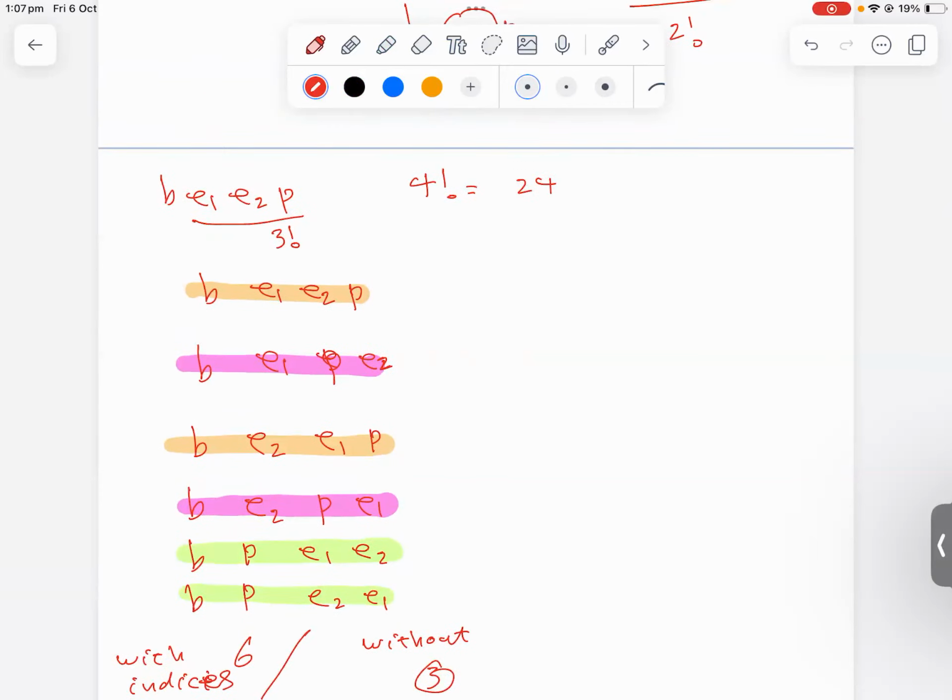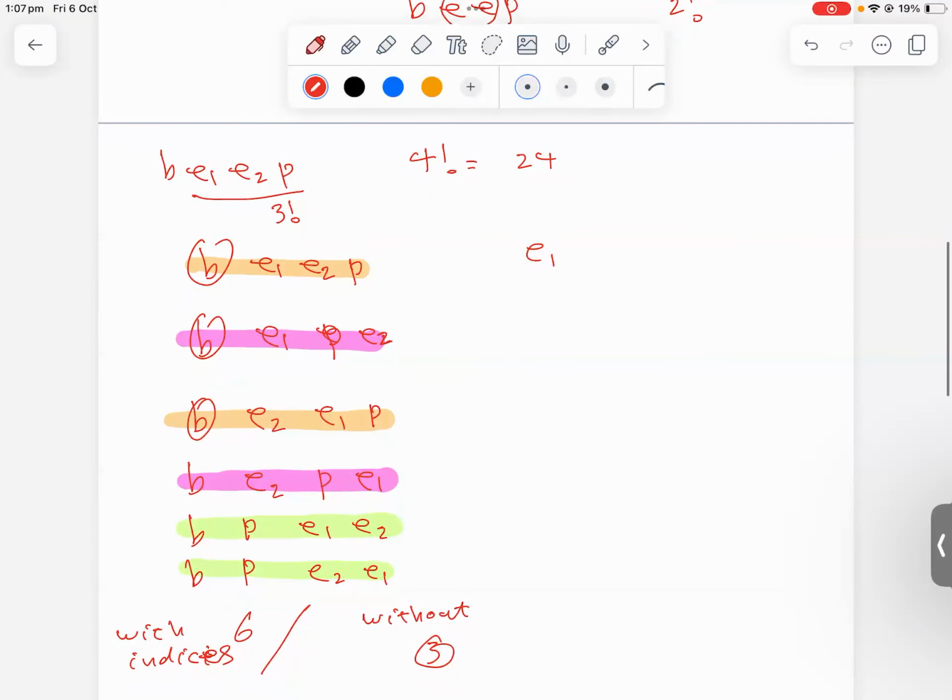So I fixed B as the first letter. What if I fix E1 here? I will again have 6 cases, like this column, so E1 here, and again I will have 3 without indices, and again with E2, I will have 3 cases.